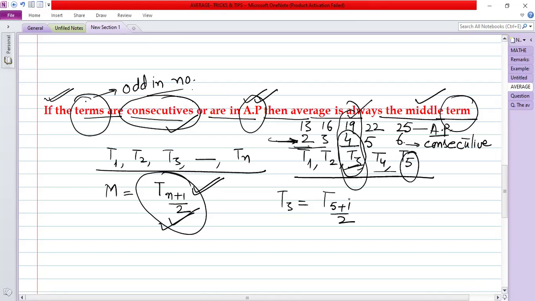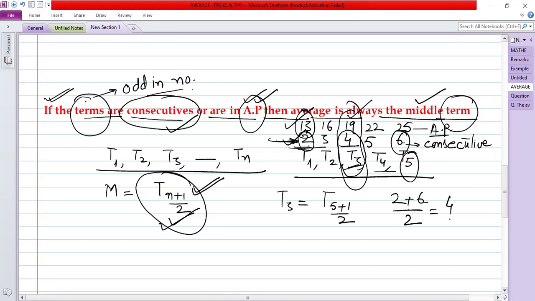And this we can verify also. You take any of these; both are in AP. Here, first term 2 plus 6 is 8, so first term plus the last term divided by 2, and that is nothing but 4.